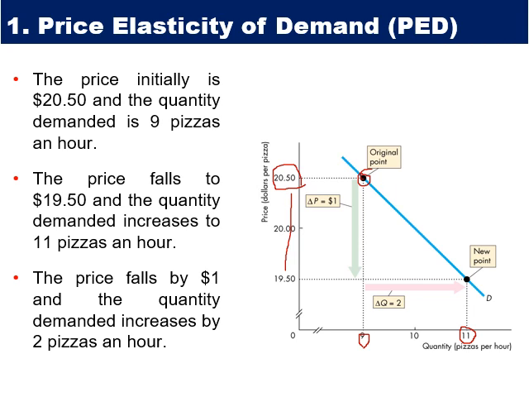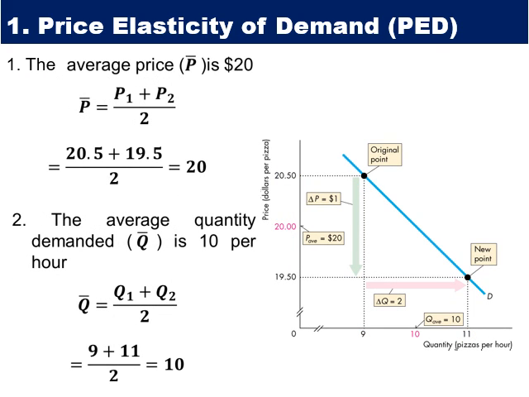So now let's use the data in this example to compute the price elasticity of demand. To compute the price elasticity of demand, we follow the following 5 steps. Number 1, we should compute the average price P bar, which equals P1 plus P2 divided by 2.